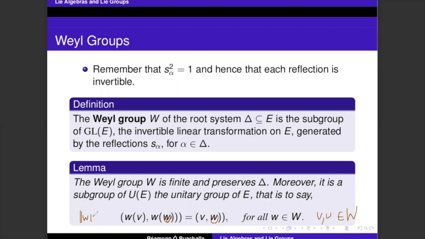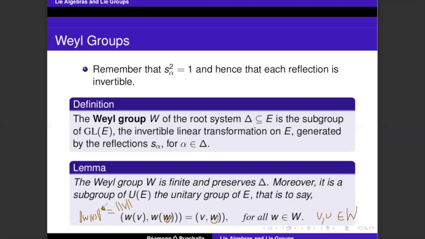If I put U equal to V, then this is the norm squared, and this is also the norm squared of V. Of course, we can cancel the two squares. So it doesn't change the norm. It doesn't change the length.